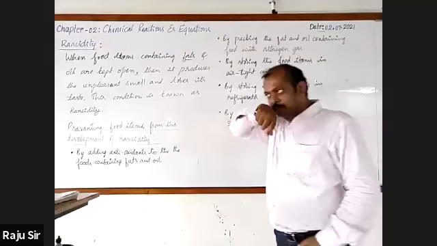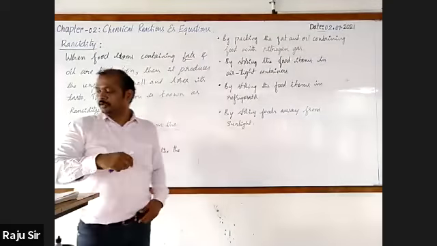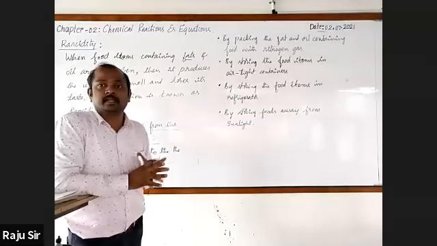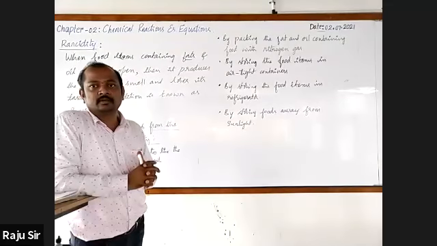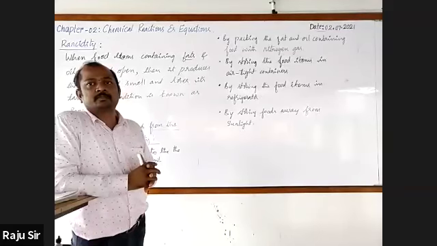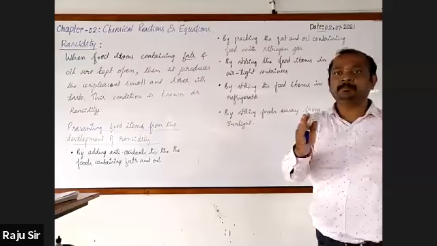Then, dear students, what do you call the substances which prevent oxidation of food items? Antioxidants. I have already given you the two examples: one is BHA and another one is BHT.